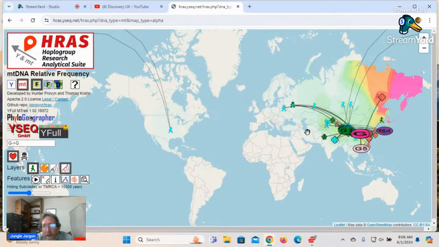So this G is also Asian, and it looks like it crossed over with the Medes into America the same way. But they have it going through Alaska or Beringia, whatever they call it, instead of crossing through the Atlantic.